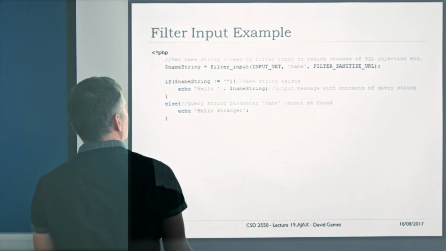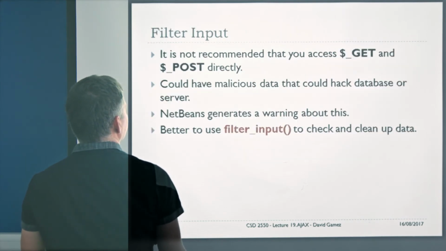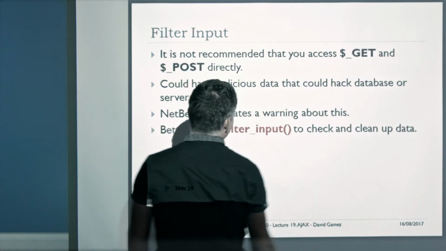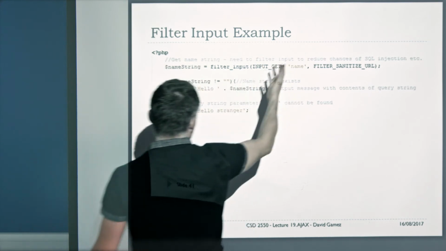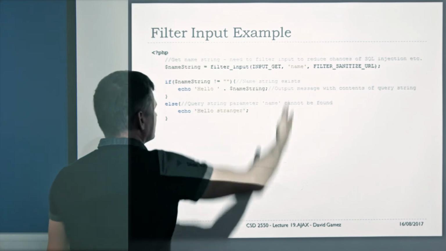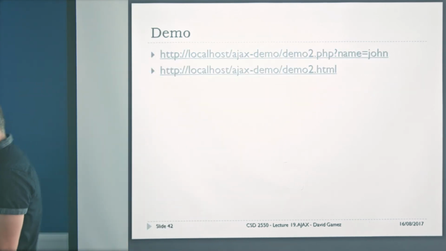Before I go to the example, what we're doing is sending this string here, name equals David. On the server side, it's pulling out name from the query string, and it's saying hello using that name pulled from the query string. So let's give you a little demo of that.